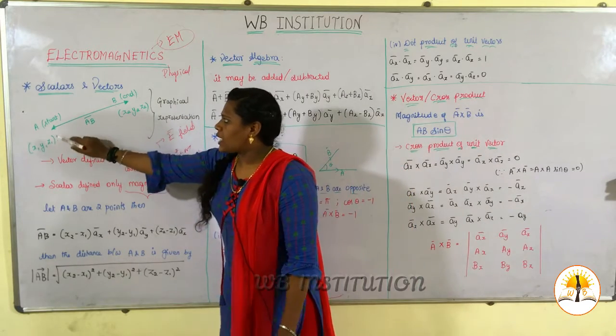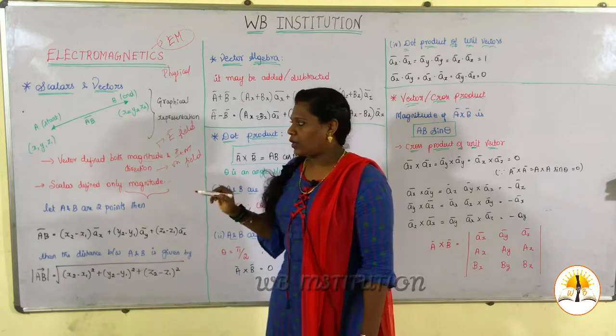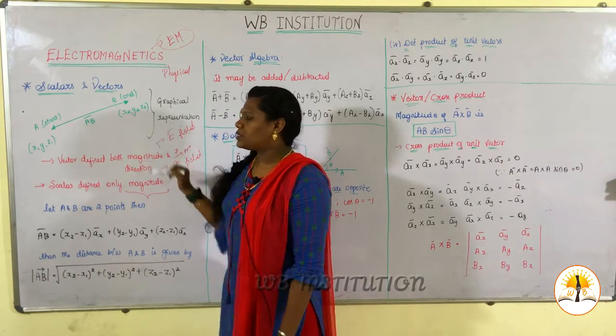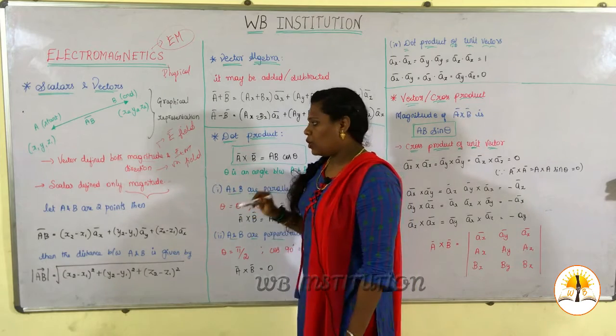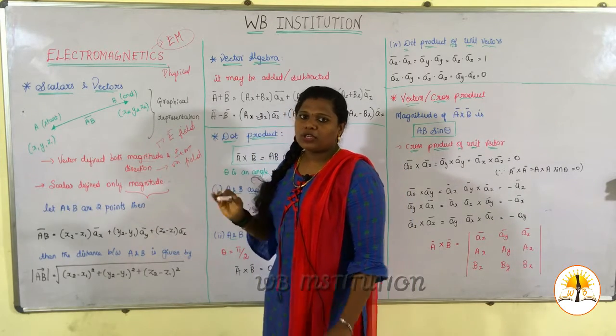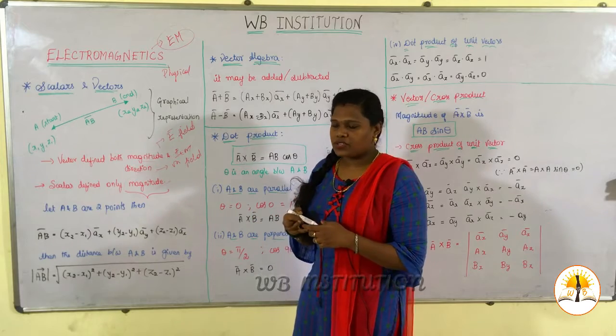A is the starting point and B is the ending point. A has three components x1, y1, z1, and B similarly x2, y2, z2. Let A and B be the two starting and end points of a straight line.